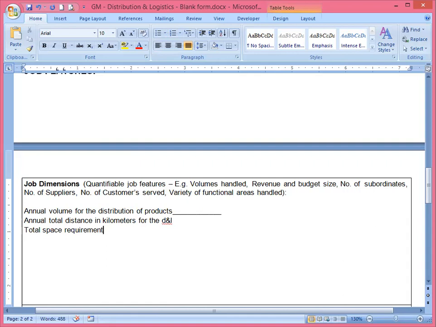Maybe the inbound warehouse for the incoming raw materials, and a warehouse for the finished products. So he needs to calculate the spaces that he requires for these products or materials. Requirement for product storage.